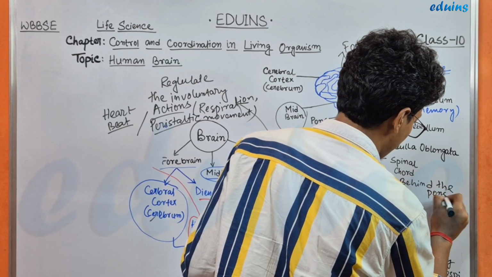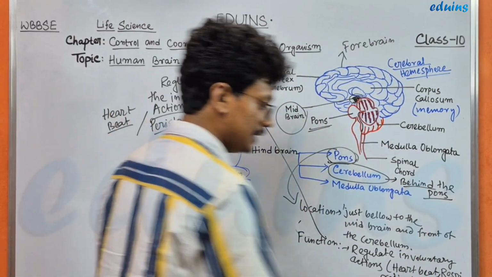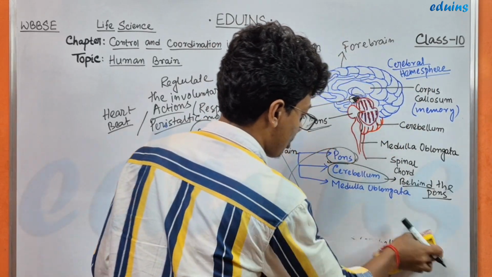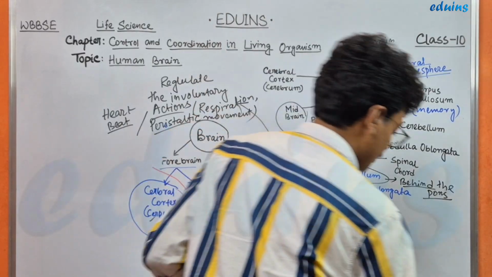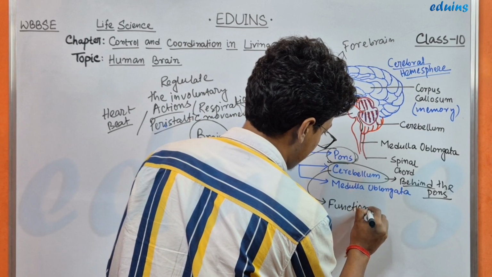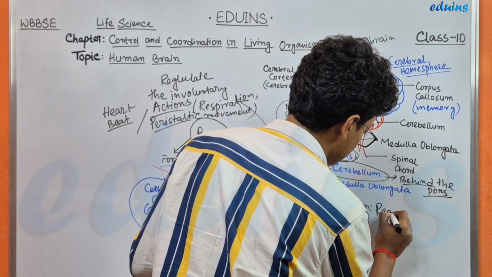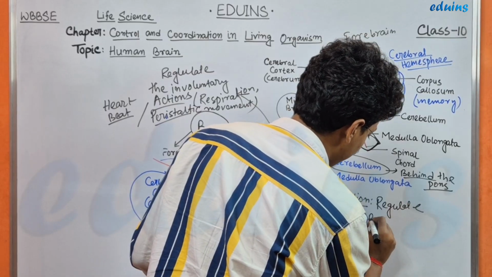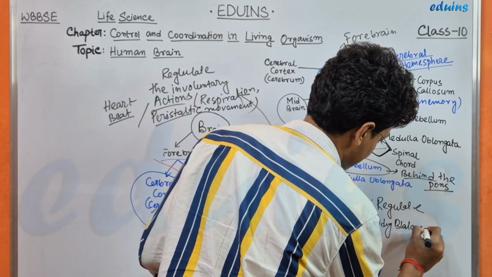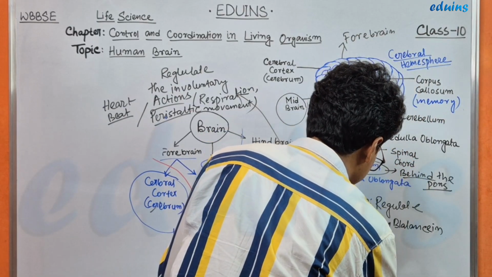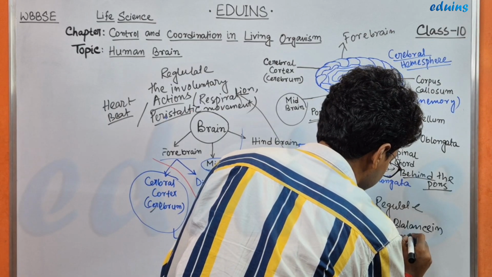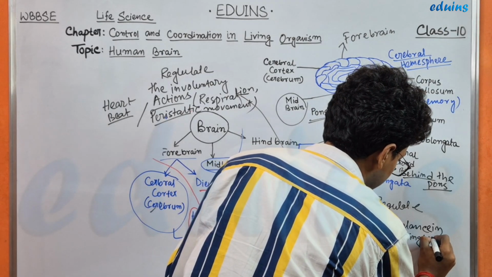The function of the cerebellum is to regulate body balance in the time of running or walking.